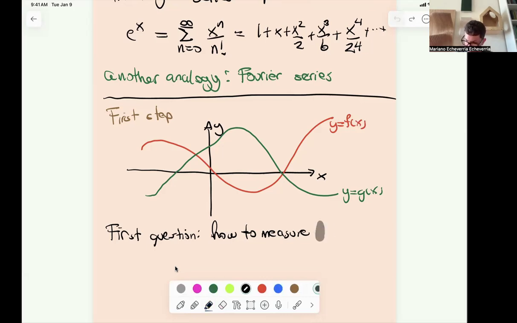I'll actually use the word distance in quotes, because it literally will be some sort of distance that you're going to define. So the distance.